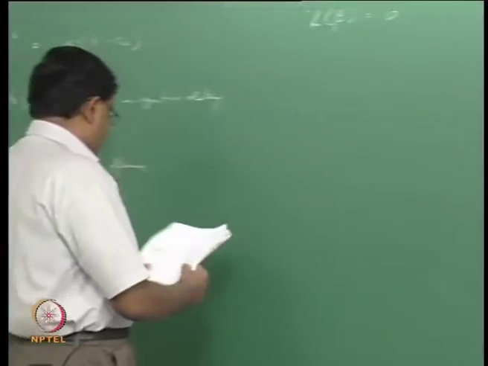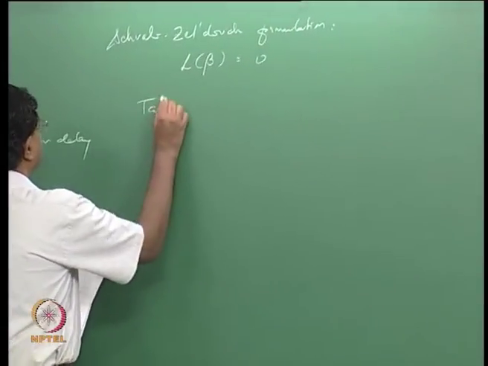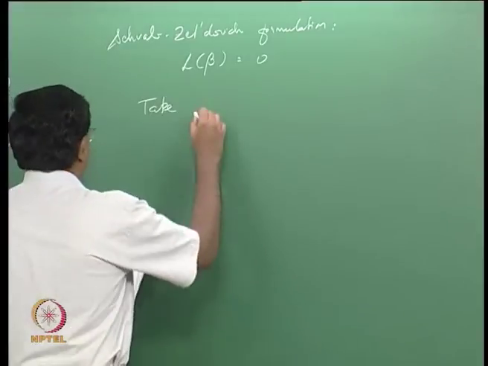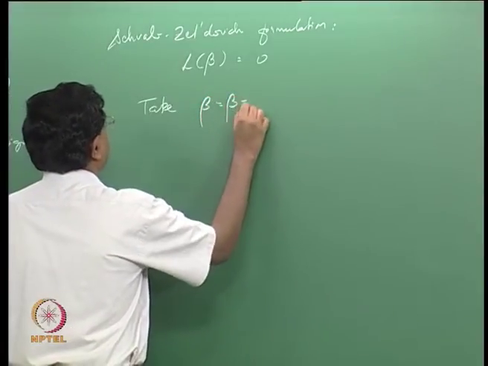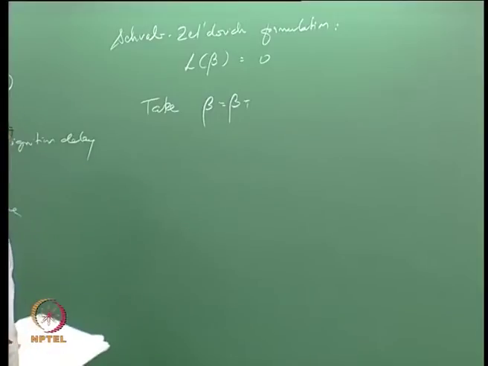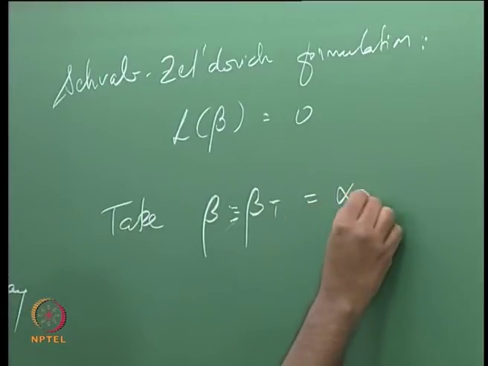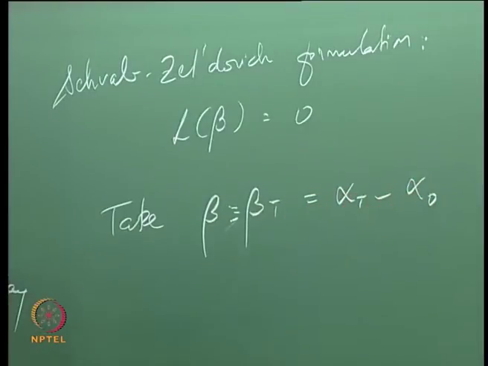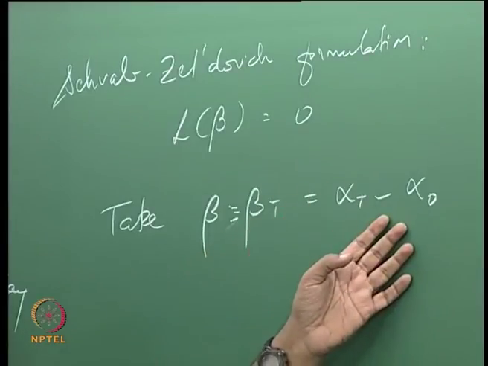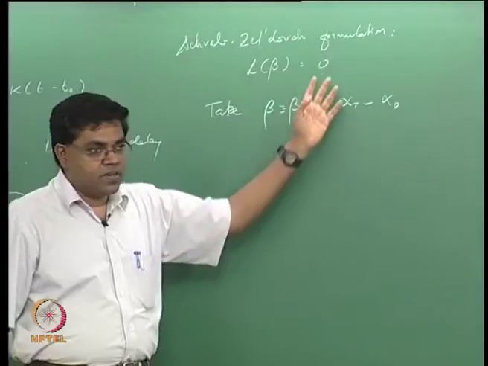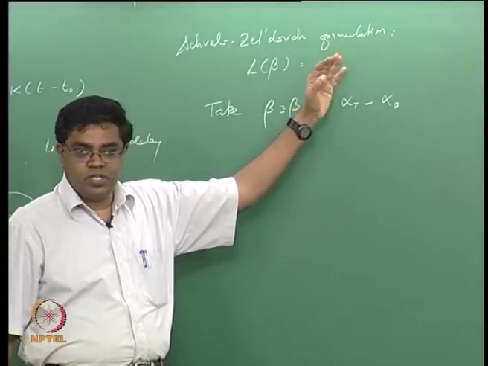So here, and this is actually the art of solving the problem, take beta equal to the energy beta, identically beta T, which is equal to alpha T minus alpha O. Now I could have subtracted alpha F from any of the other alphas, including alpha T, or some other species alpha.